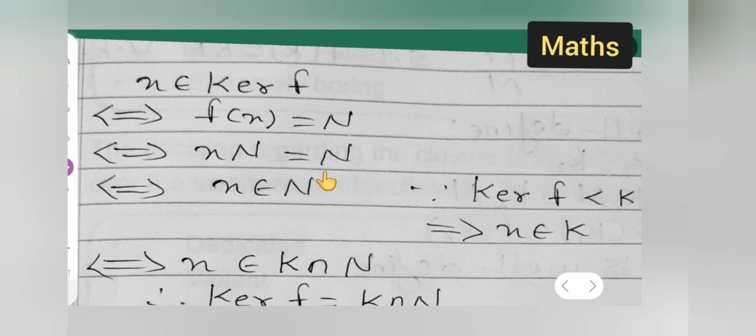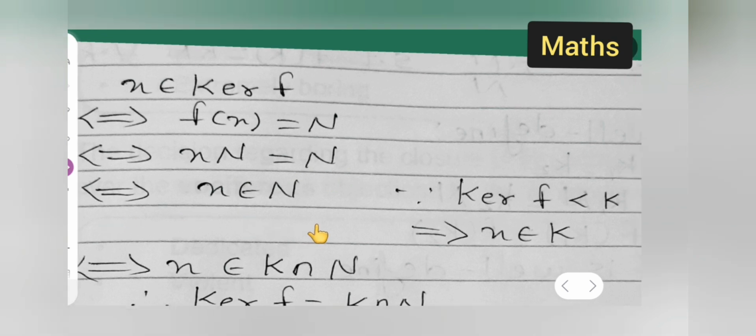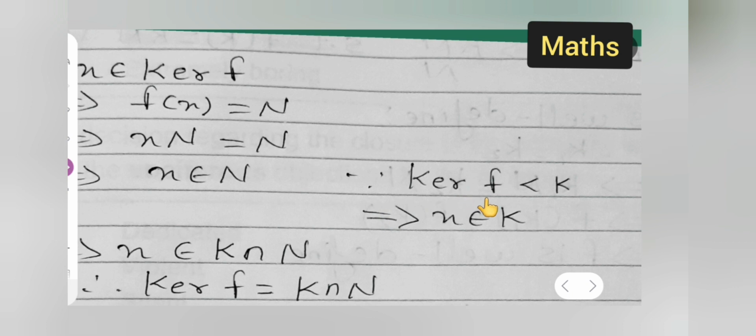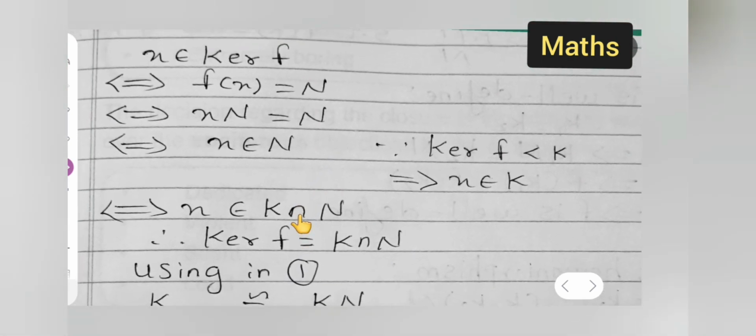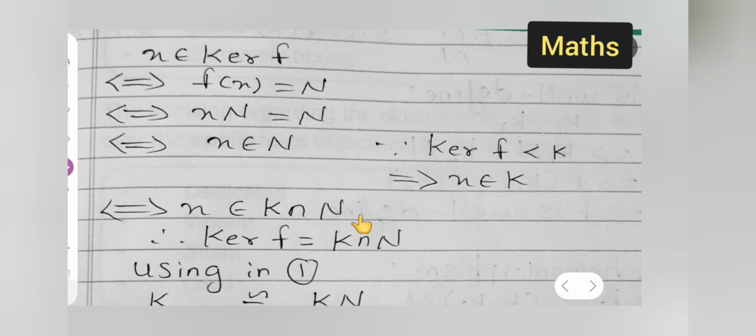It is xN is equal to N. Now this implies that x belongs to N. Here f of x is given by xN, which is equal to N. Now this implies x belongs to N. Now since kernel of f is less than K, it implies that x belongs to K. You all can take down this part, then I'll move forward. Now this implies that x belongs to K intersection N.